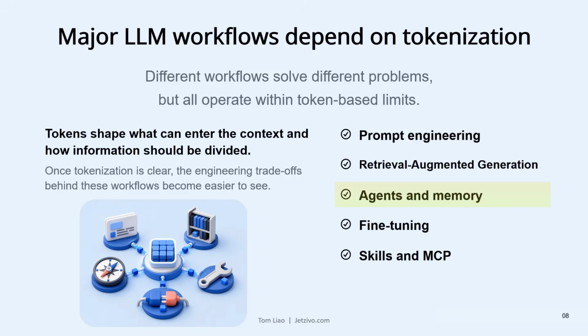In agent workflows, conversation memory, planning steps, and the tool results all consume context. Fine-tuning examples are also converted into token sequences during training. Instructions like skills and content returned through Model Context Protocol or MCP servers may also enter the model's context. These technologies solve different problems, but they all operate within token-based limits.